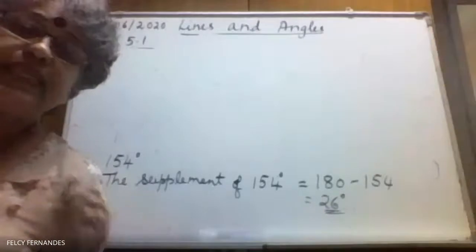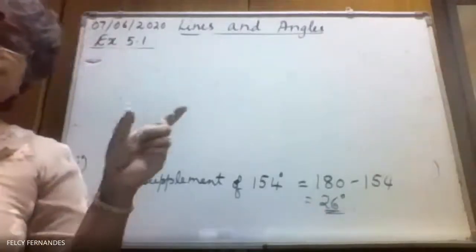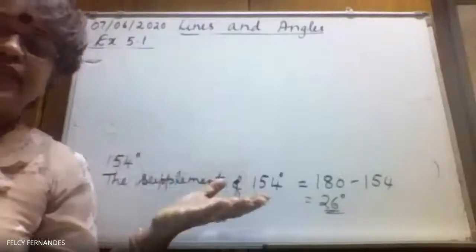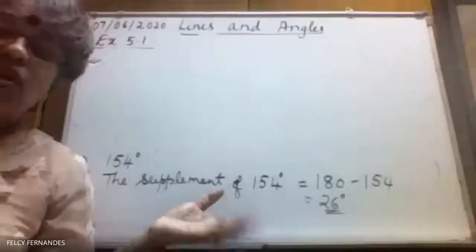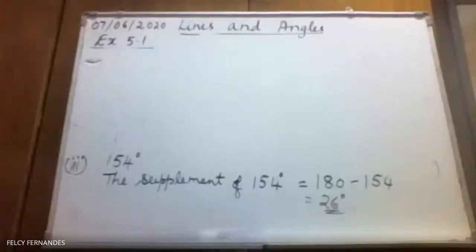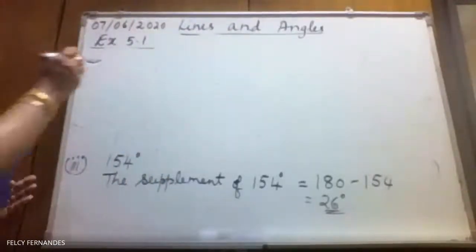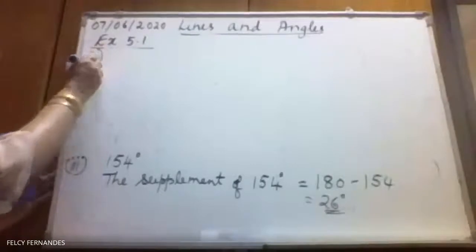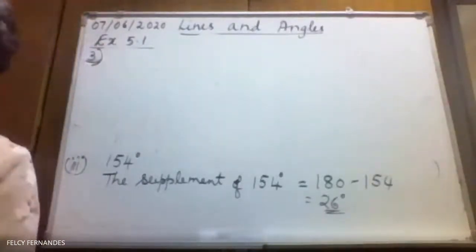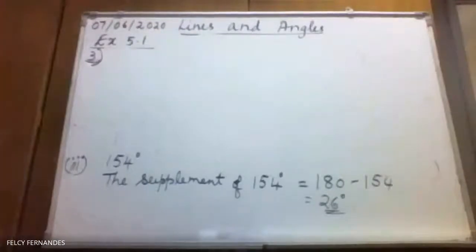I hope now this much is clear to you, how to find the complement and how to find the supplement. Now, when they give you a pair of angles, how will you find out whether it is a complement or whether it is a supplement is my next question. Question number 3. Stop writing, children. Question number 3.